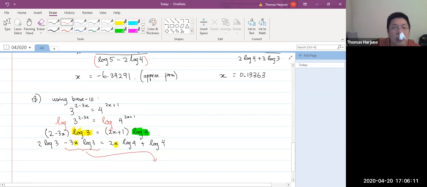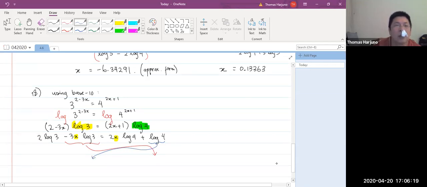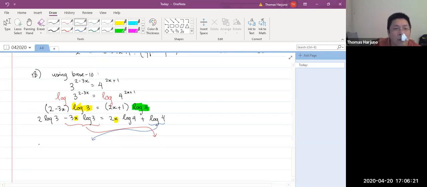Which means I will move the constant on the right-hand side to the left. So I will have 2 log 3 minus log 4 equals 2x log 4 plus 3x log 3.